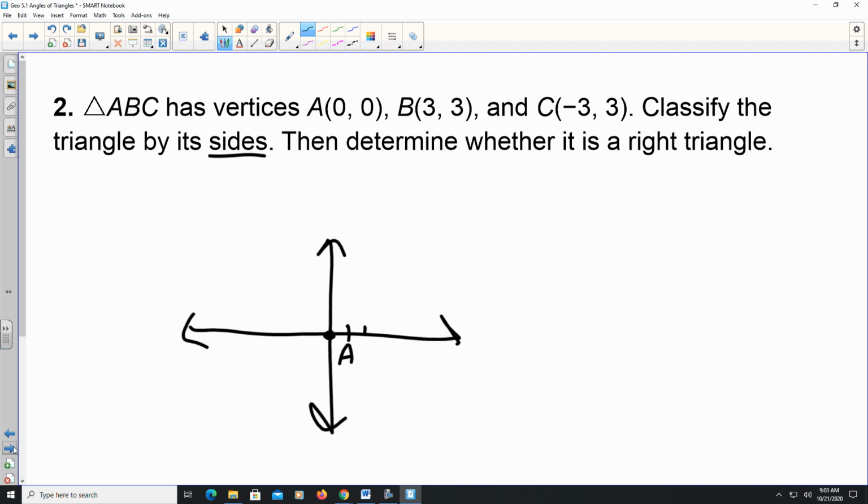B is 1, 2, 3, 1, 2, 3. So that's B. And then C is 1, 2, 3, 1, 2, 3. So it's right there, C. So here's my triangle, ABC.